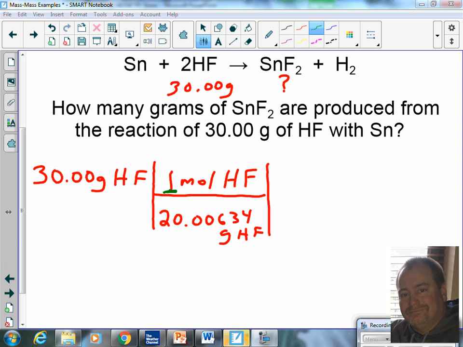Only for the molar ratio, which is the next step. Because this is not a true statement if I put 2. Because 2 moles is not equal to 20.00634, is it? 2 moles would be equal to 40-something, right?